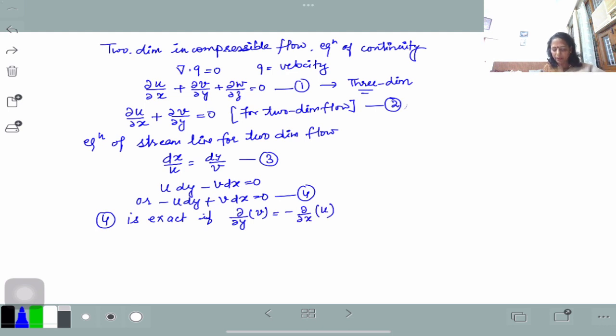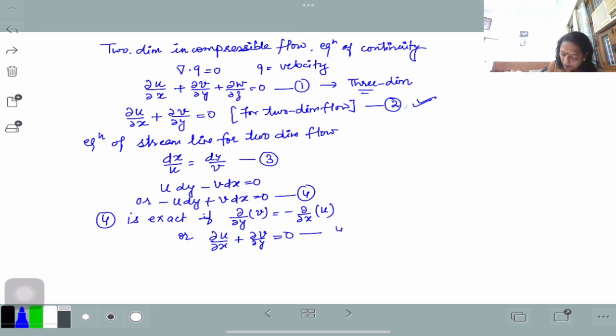As I said earlier, v and u are M and N, and for 4 to be exact, this type of condition should be satisfied, or ∂u/∂x + ∂v/∂y should be 0. And if you look at 2, in case of two-dimensional incompressible flow, this type of equation exists, which is nothing but the flow existence equation.